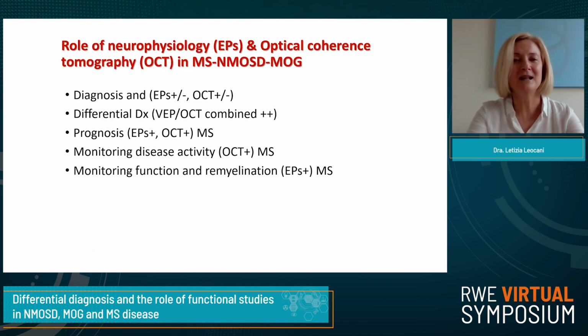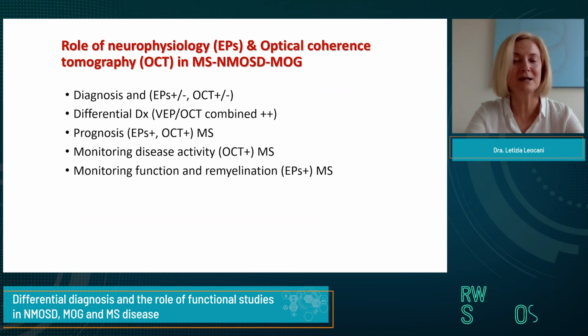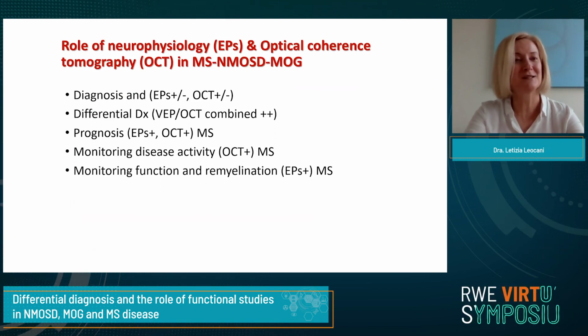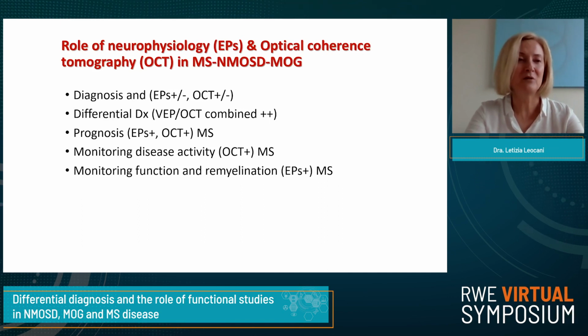And MOG lays in between these two conditions, considering the severity of axonal involvement, which is more similar to what we see in NMOSD, and the severity of demyelination and subsequent recovery, which is more similar to what we see in MS. And so we can combine these two for the diagnosis and differential diagnosis.